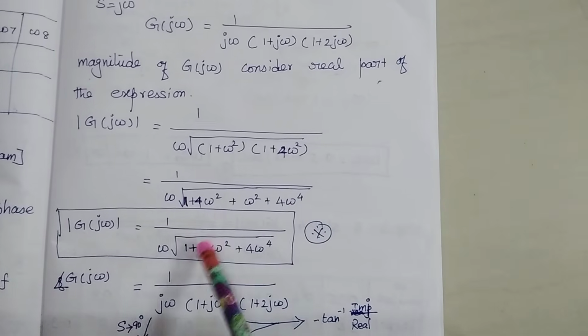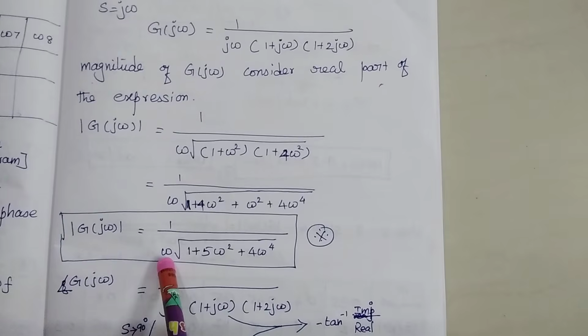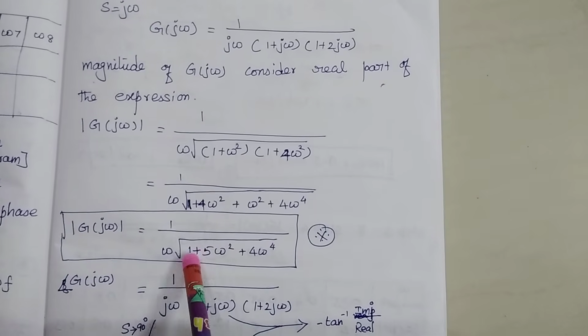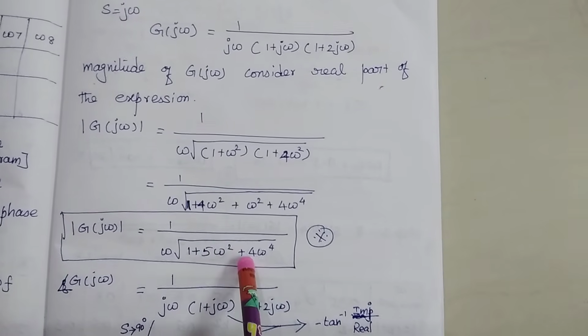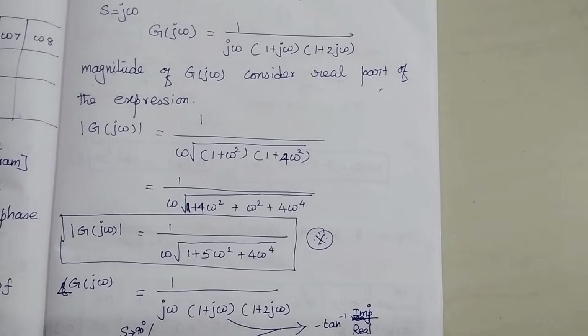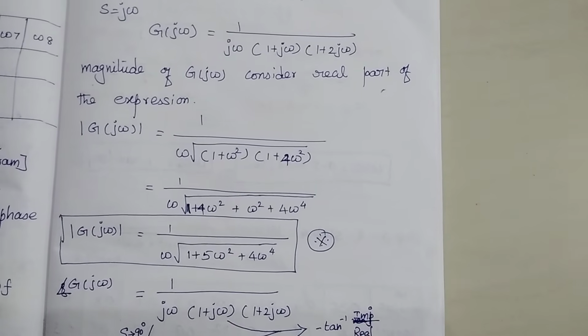So it becomes 1 by omega into root of 1 plus 5 omega square plus 4 omega power 4. Freeze it as the magnitude equation.